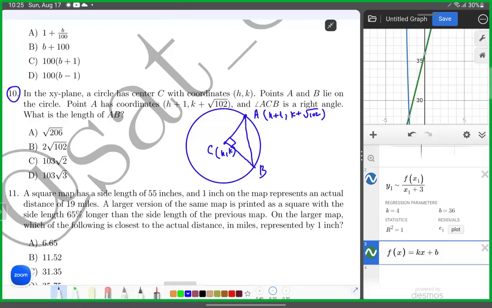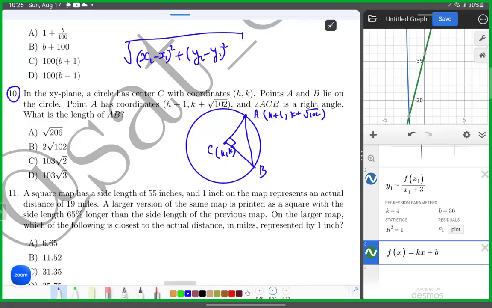First of all, we are given 2 points. By 2 points, we can calculate the distance between them. The distance formula in the xy plane between 2 points is here. It is the square root of x2 minus x1 squared plus y2 minus y1 squared.